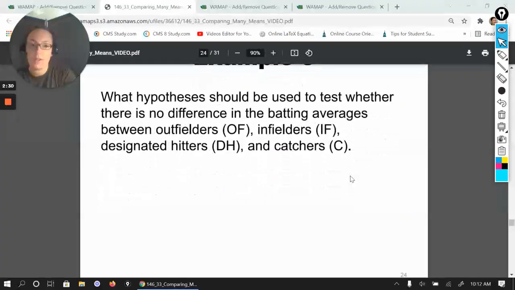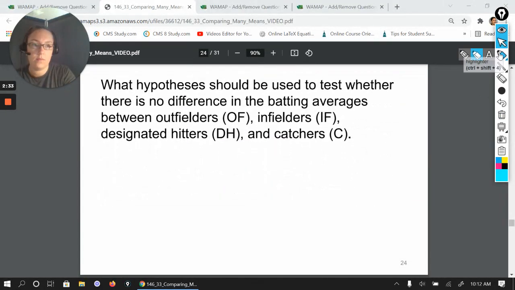Here's example 5. What hypotheses should be used to test whether there is no difference in the batting averages between outfielders, infielders, designated hitters, and catchers?